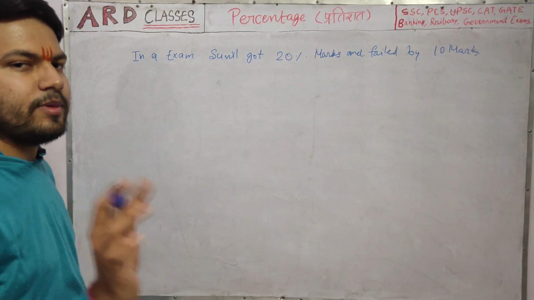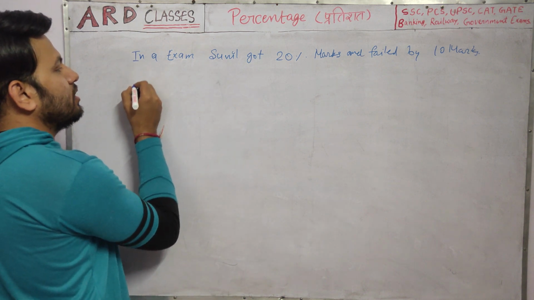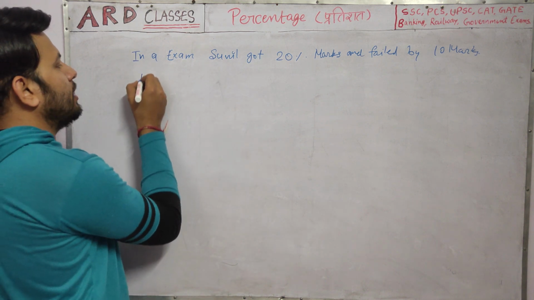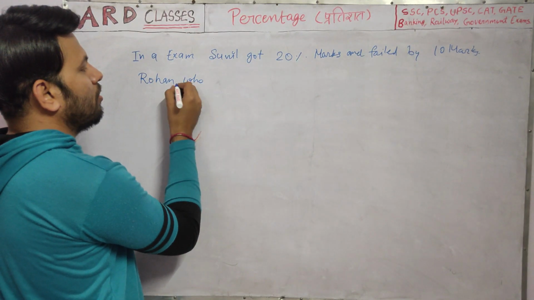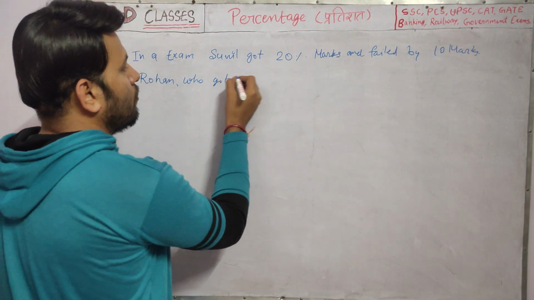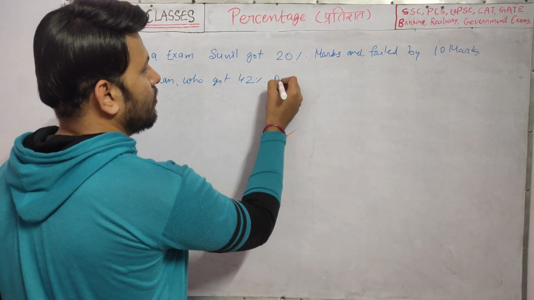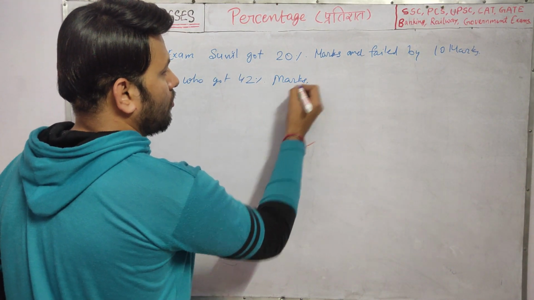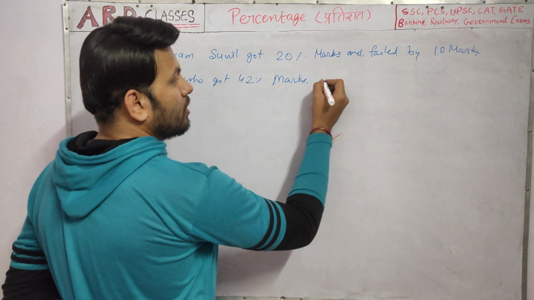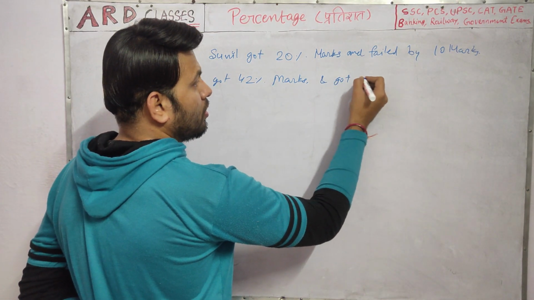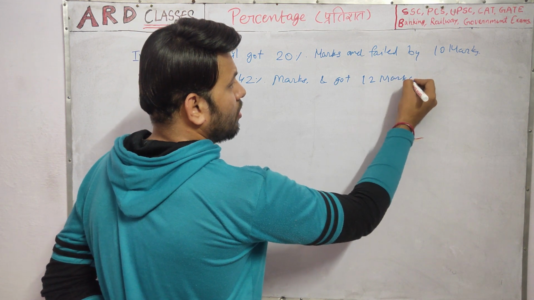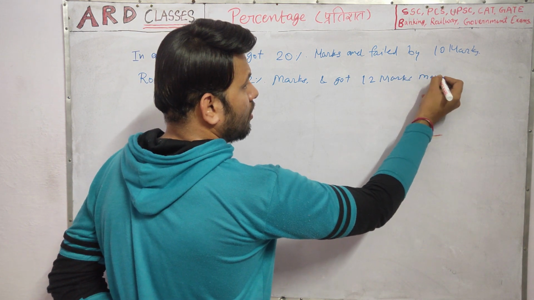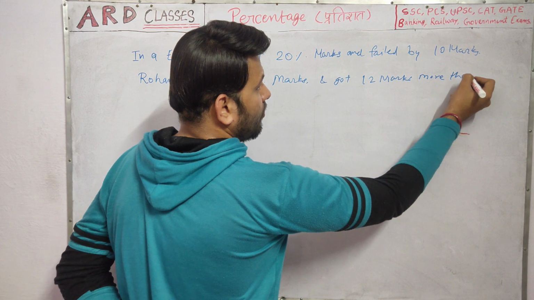Similarly, another student, Rohan, who got 42% marks, got 12 marks more than passing marks.